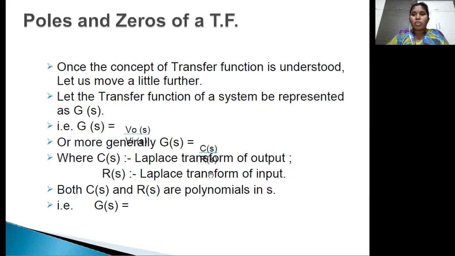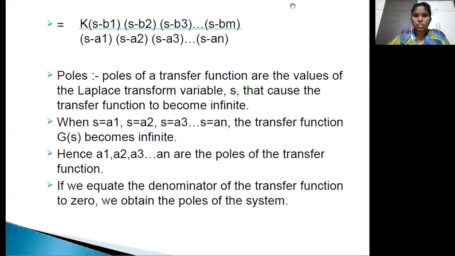So here we have to consider the C of S and R of S both should be in the polynomials of S only. So here I can represent the equation for G of S as some constant k into S minus B1 into S minus B2 into S minus B3 and so on up to S minus Bm, divided by S minus A1 into S minus A2 into S minus A3 and so on up to S minus An.